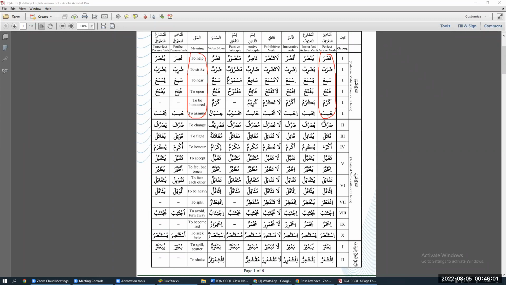Only we will face a little difficulty here, so I will do it a little later. We have done this one. So these are trilateral verbs with extra letters. I will let you know what the extra letters are. And this is a 4-letter verb, and this is a 4-letter verb with extra letters.